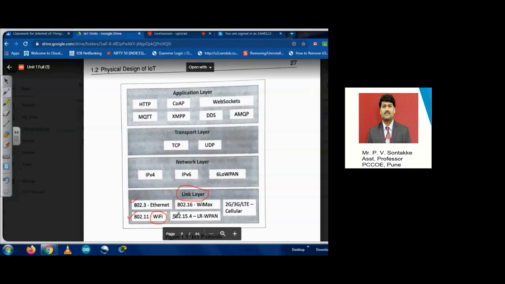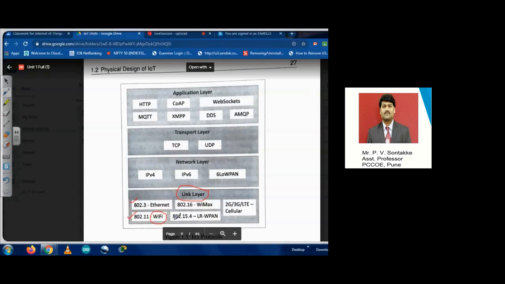WPA stands for Wi-Fi Protected Access. You can choose any one of the algorithms to secure, to encrypt your data that is exchanged via your Wi-Fi router. Your wireless personal area network should be a secured one. So in that case we'll be using these different authentication or encryption algorithms.